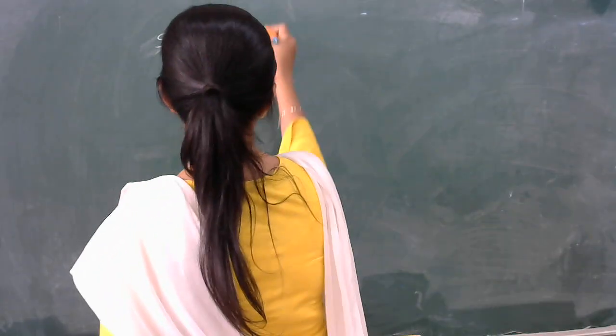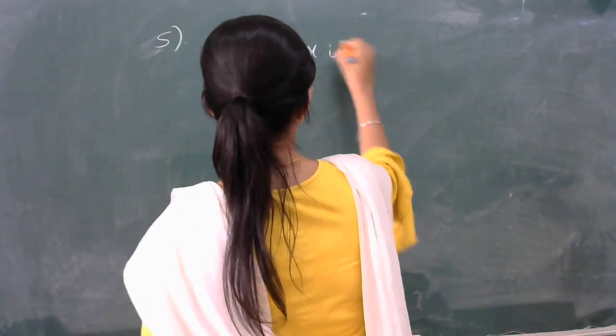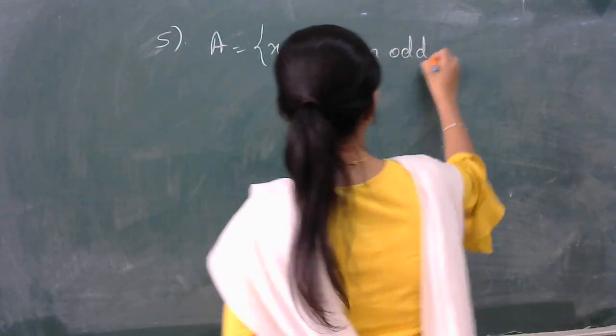Let us do the first one. It says A equals x such that x is an odd natural number.